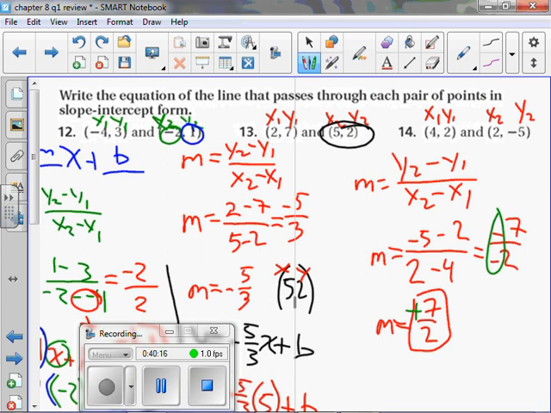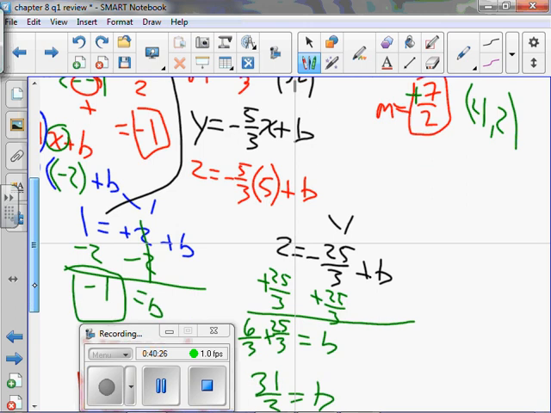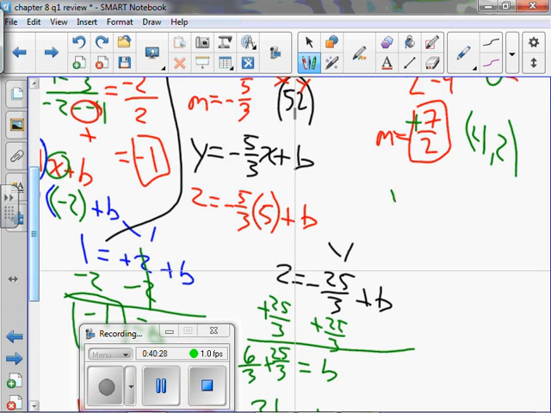Now I'm going to take my easier looking point. It's going to be the one without negative signs. So 4, comma 2. And I am going to plug that into my equation because I need to find b. So y equals mx plus b. Y equals m, I know, is 7 over 2 x plus b.